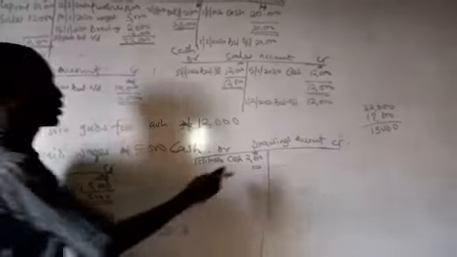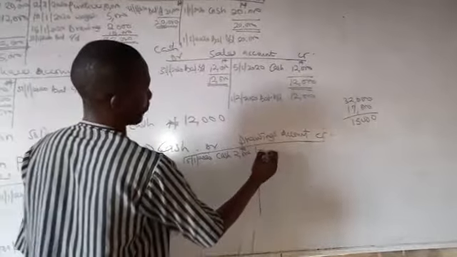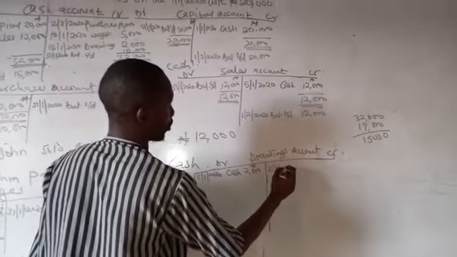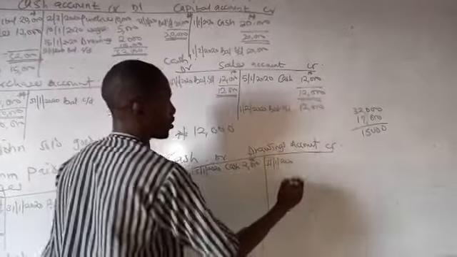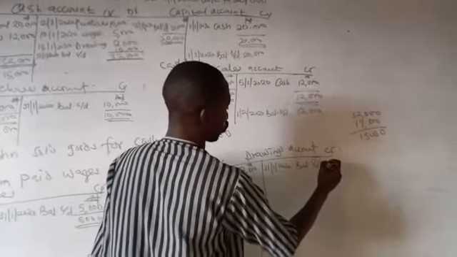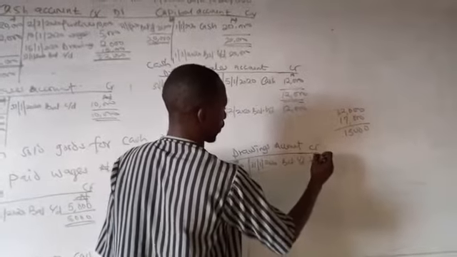Drawings account. As at 31st January 2020, balance carried down 2,000 naira.